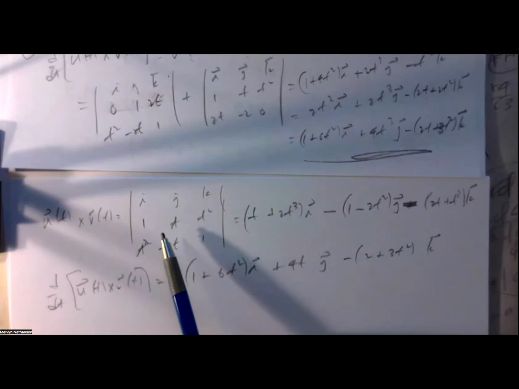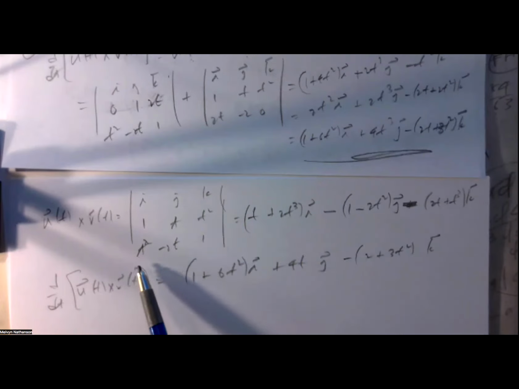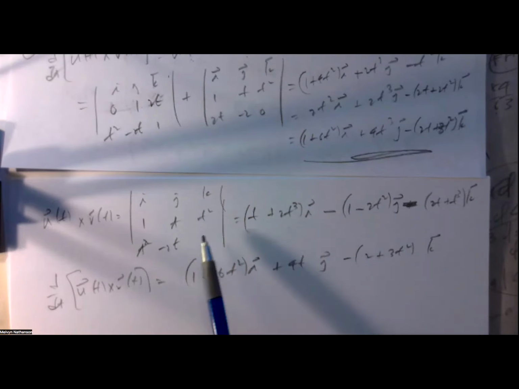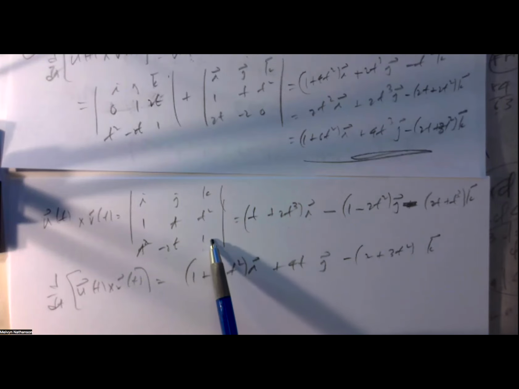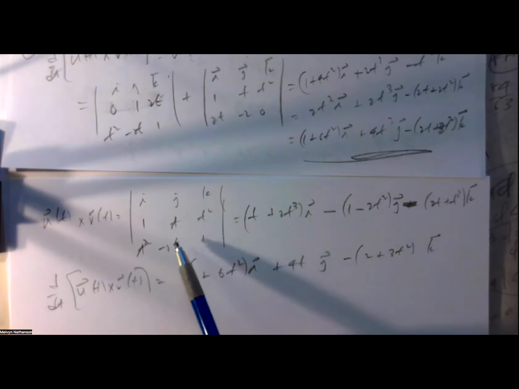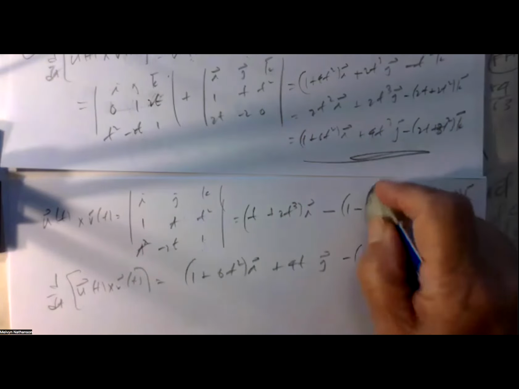So let's start with this. The function u is 1, t, t squared, and v is t squared, minus 2t, 1. So when I take the vector product, I get t plus 2t cubed for the i coordinate. For the j coordinate, it's minus 1 minus t to the fourth. Oops, 1 minus t to the fourth.